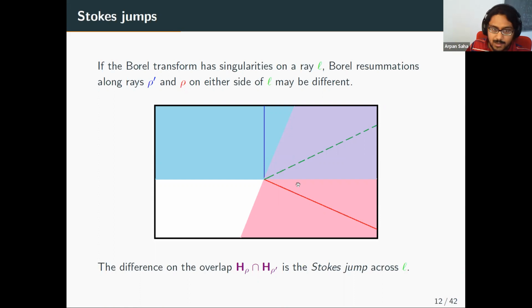And in that case, suppose the singularity lies on this green ray over here. Then if you take the Borel resummation along two different rays on either side of it, then on the overlap of the common domain of definition of the Borel resummation, they're not going to agree. And this discrepancy is said to be the Stokes jump across the green ray, along which there are poles or branch cuts or singularities of any kind.